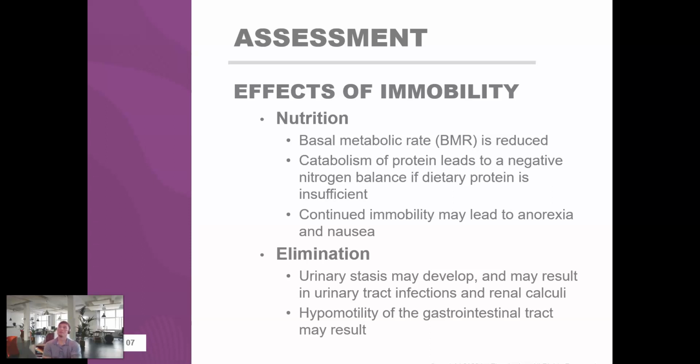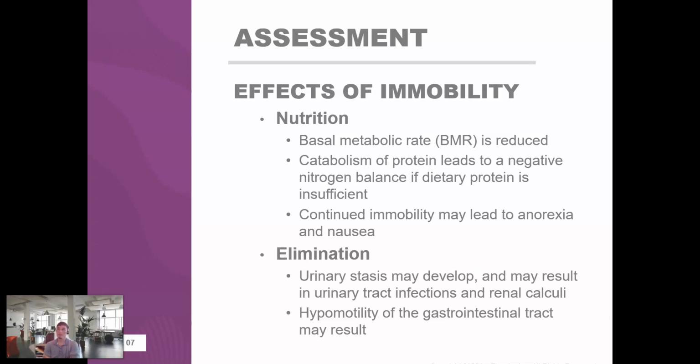Simple as that. Catabolism, which is that breaking down we were talking about when we were talking about atrophy, is the body sending that muscle and fat, etc., elsewhere in the body to put it to use. That's a process of catabolism, and proteins are going to break down and be put elsewhere.